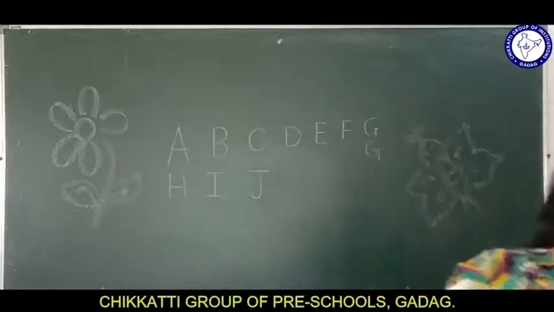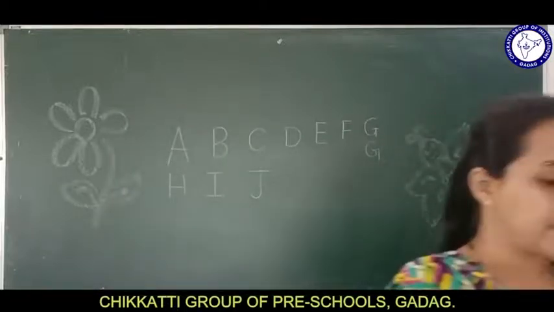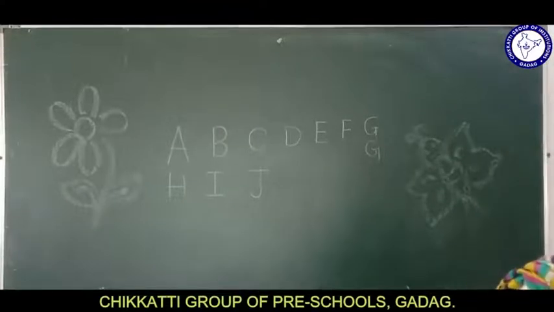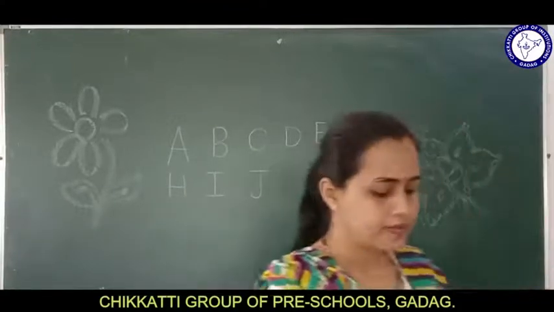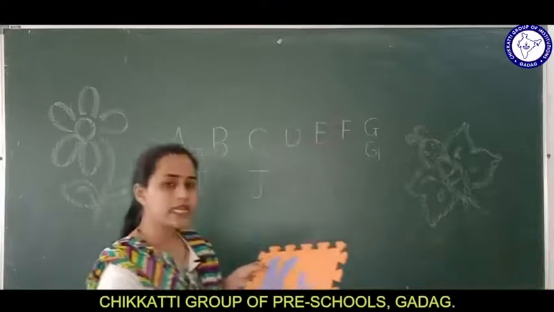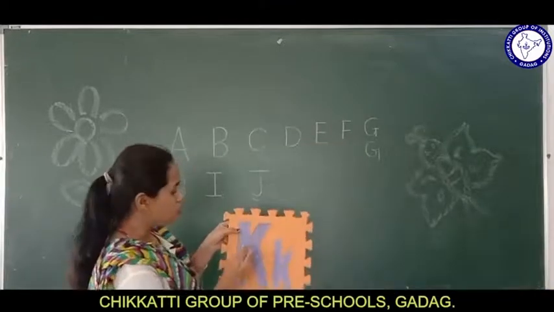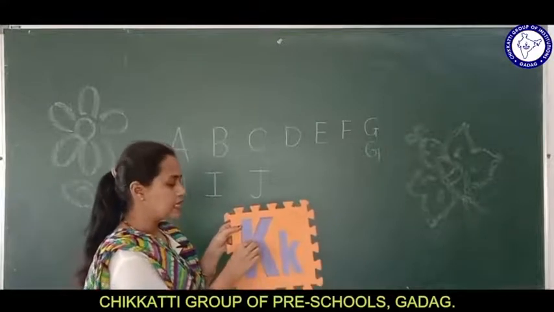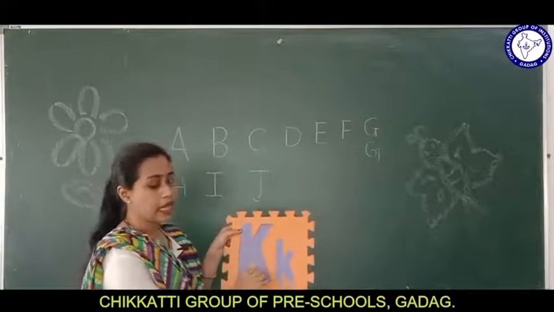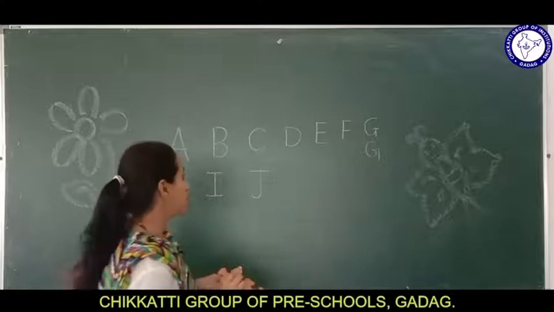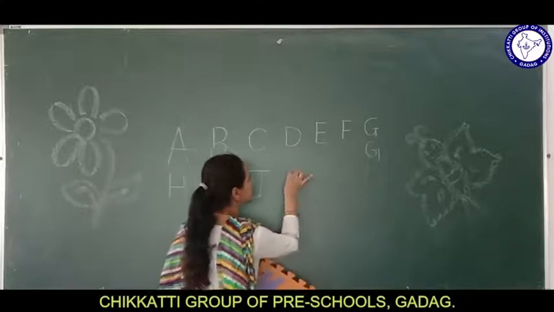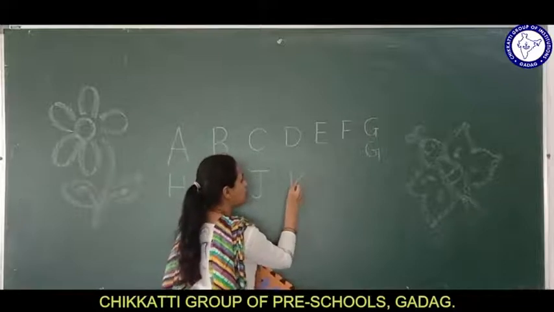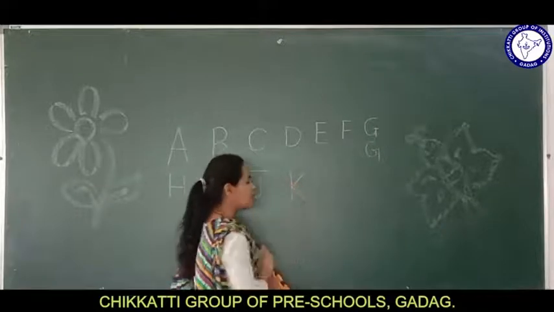After that, it's K. What is that? K. So how to write K now? Standing line, slant up, slant down, right?